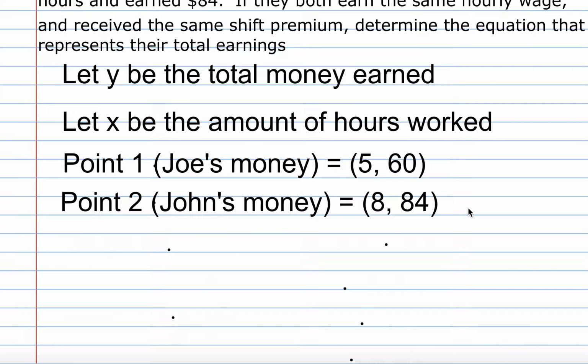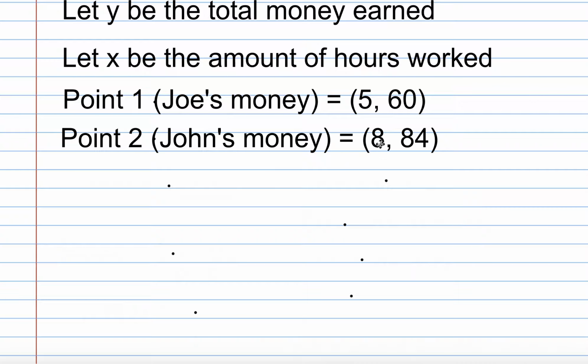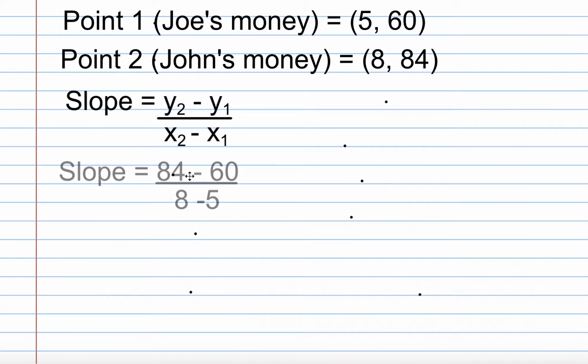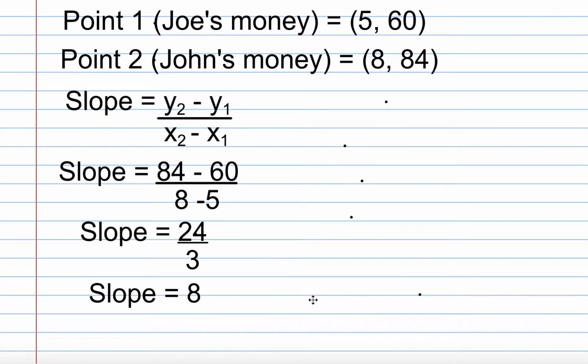We can follow all the same steps that we did before. We're going to use Joe's point and John's point and work through the question. So we're going to find our slope. Point 2 is point 2, point 1 is point 1. 84 minus 60 over 8 minus 5. So that's 24 over 3, and 24 over 3 is just 8.